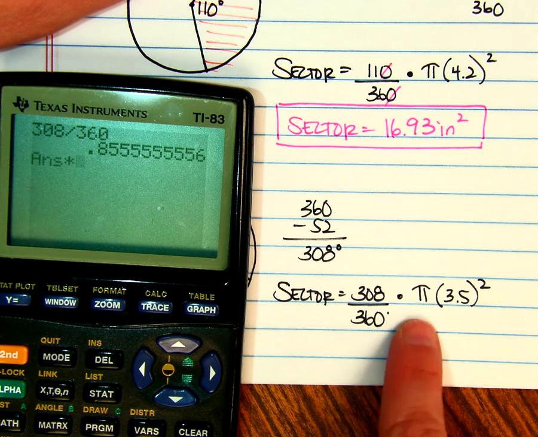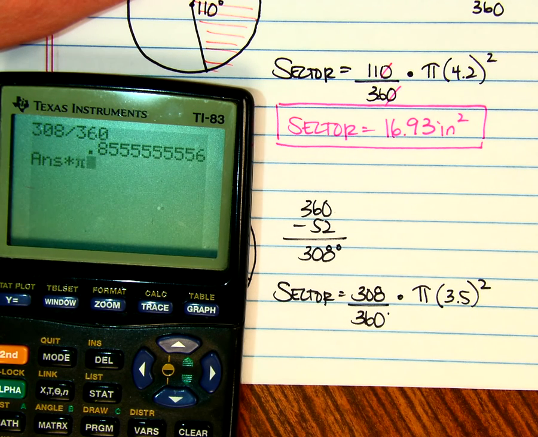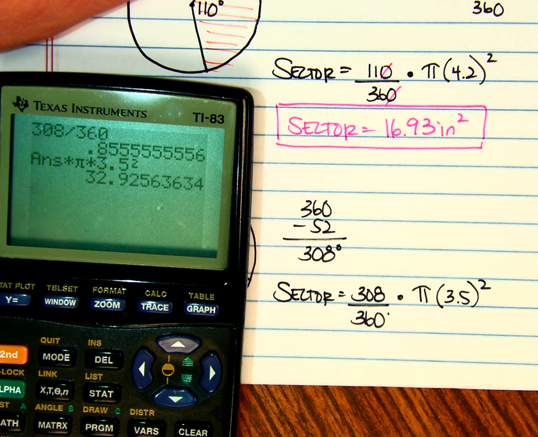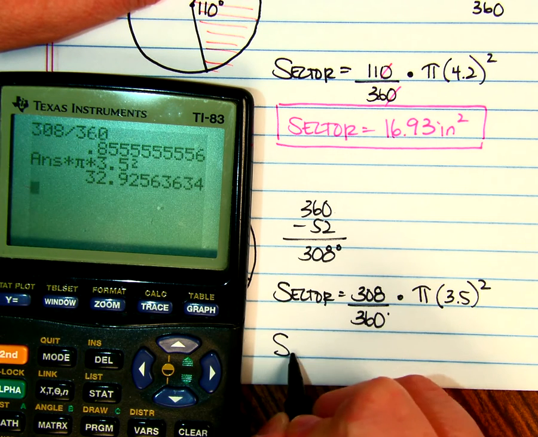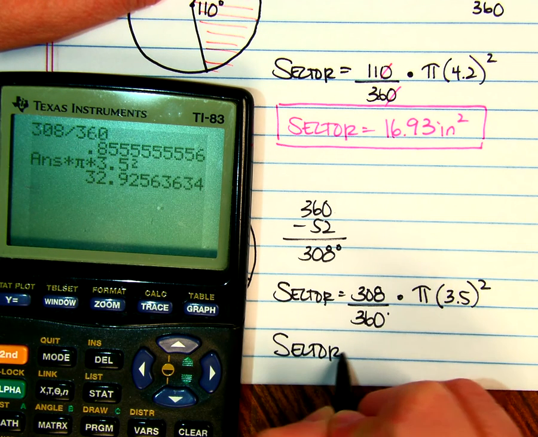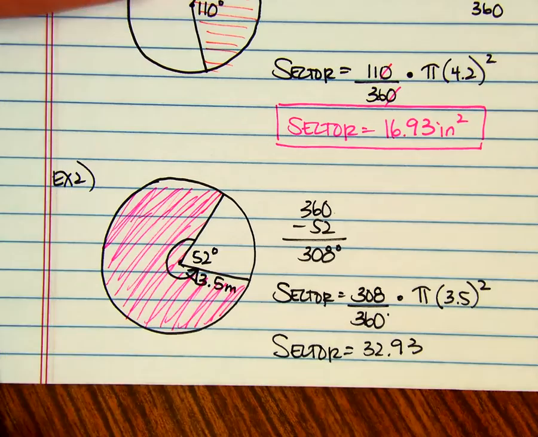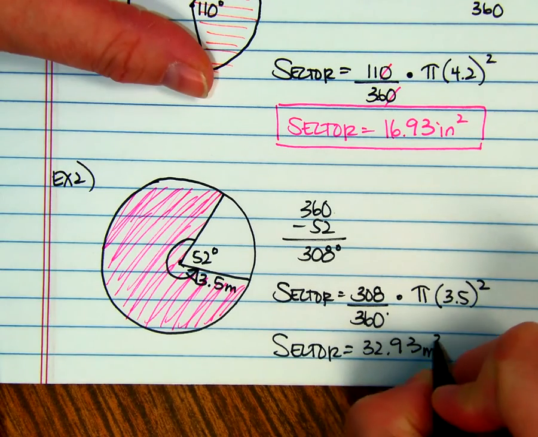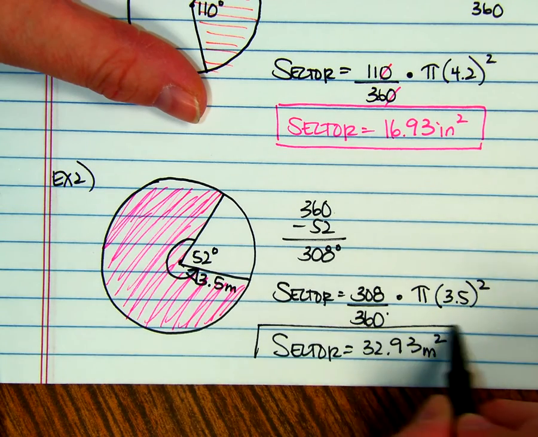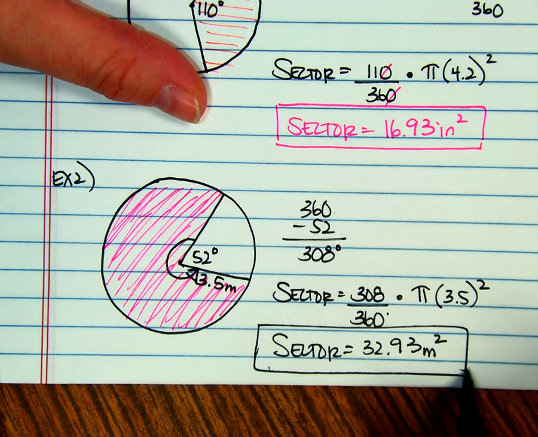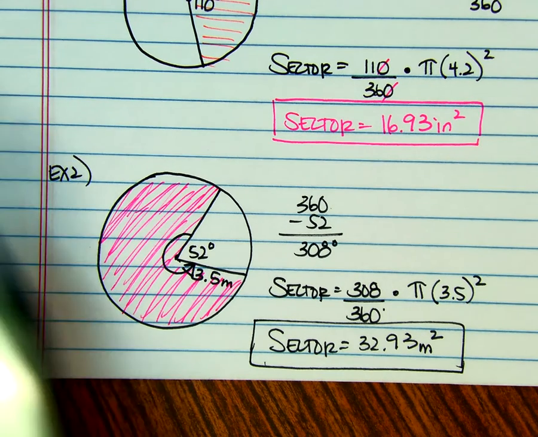Take that times my pi times the 3.5. Don't forget that squared. And you get that the sector is 32.93, and these are meters, and we are squaring. Okay, so that's how you find the area of a sector.